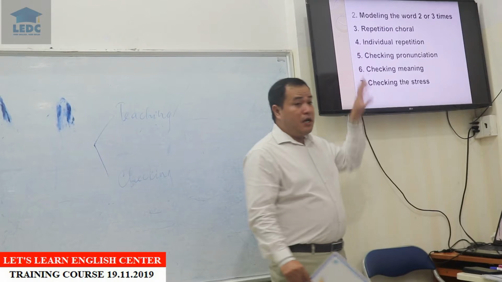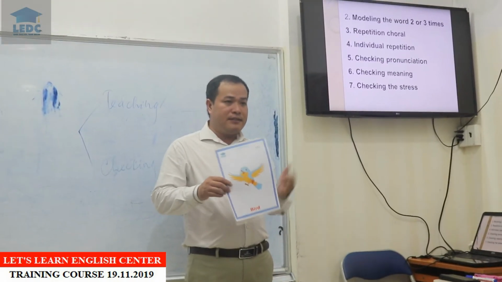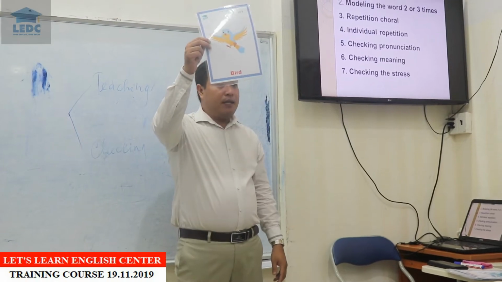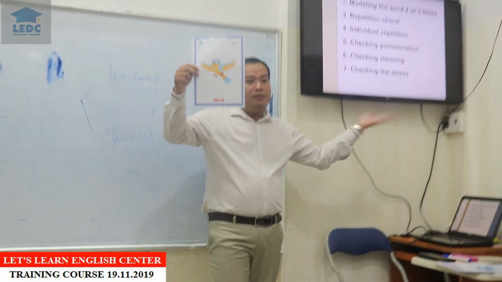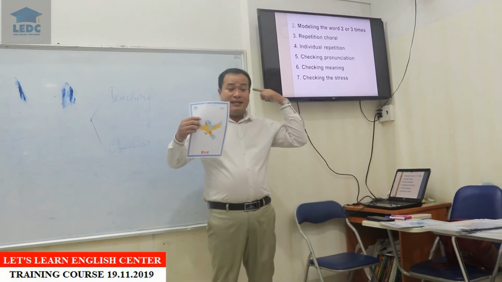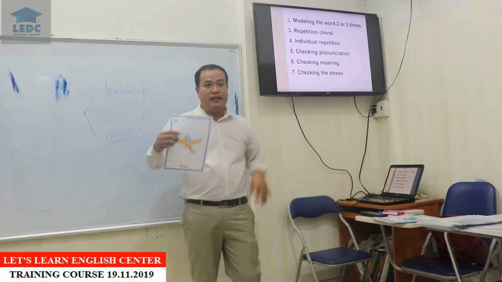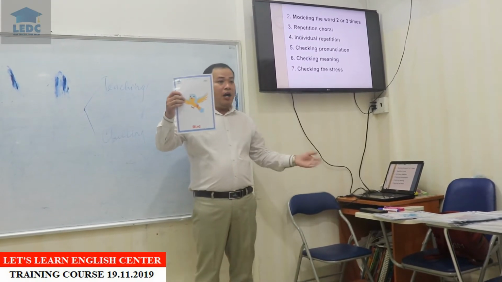For example, this is for adults, but you can teach the same way. I give you an example. You will show the picture like this. Okay, everybody, wow, look at the picture, listen to me carefully. You can use body language like that. Okay, listen, bird.